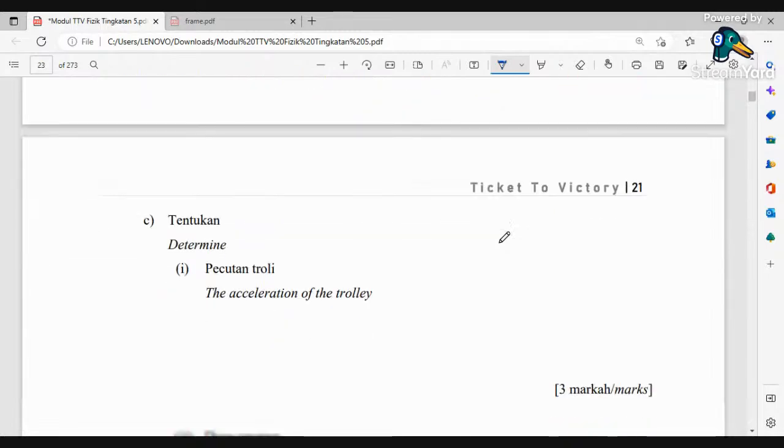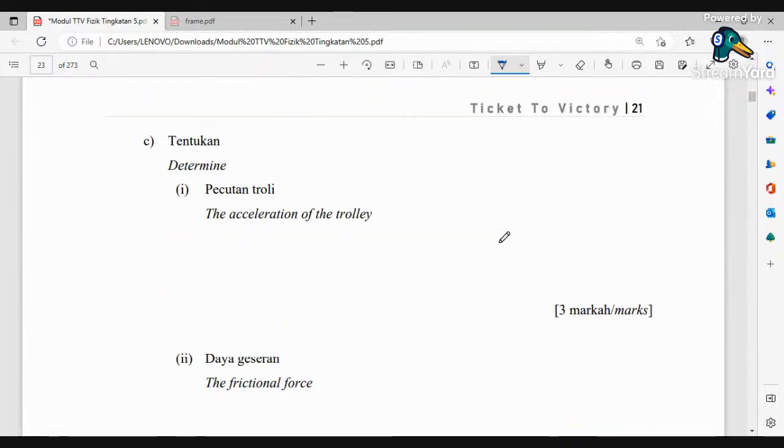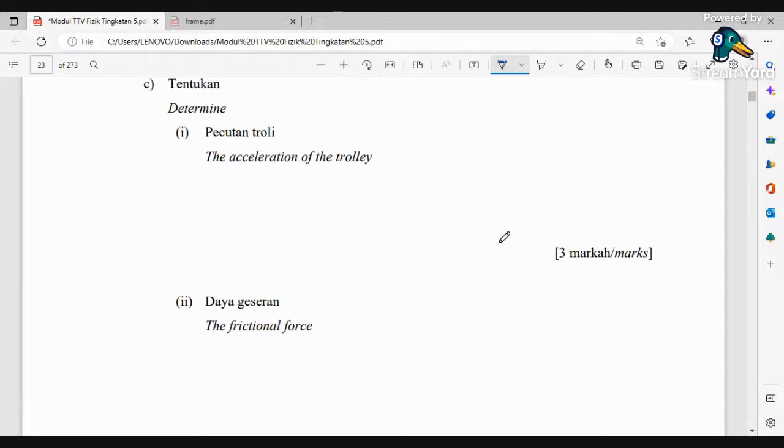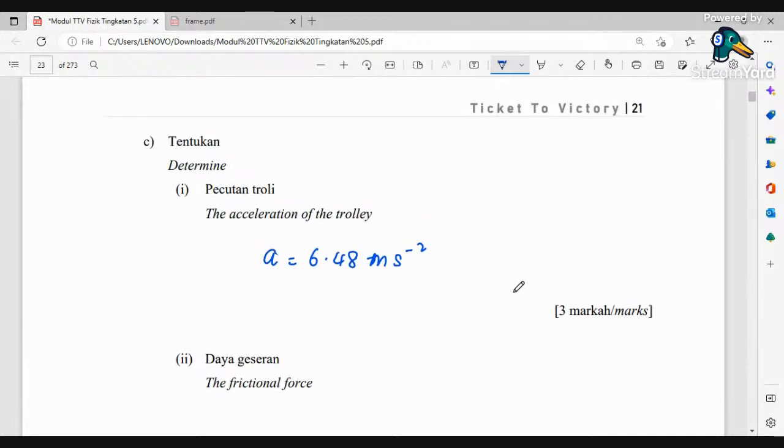So you want to show again, boleh juga lah. Okay. I think the question is wrong already, this one. If you want to show, you can just show something like this.